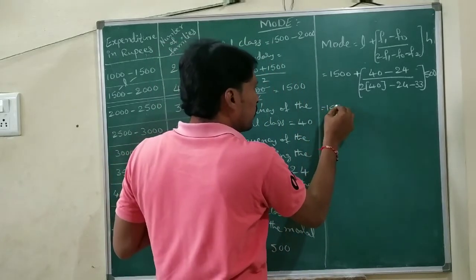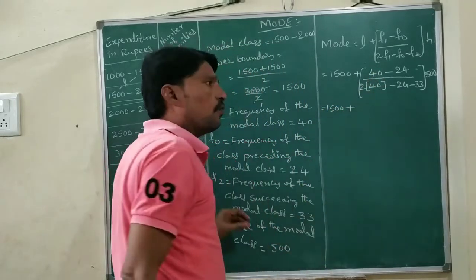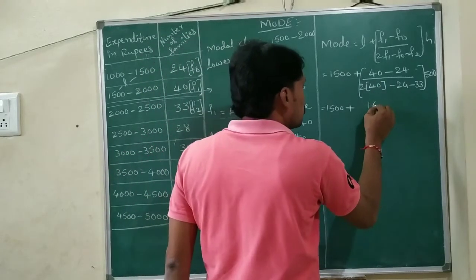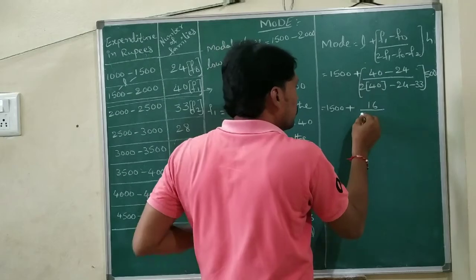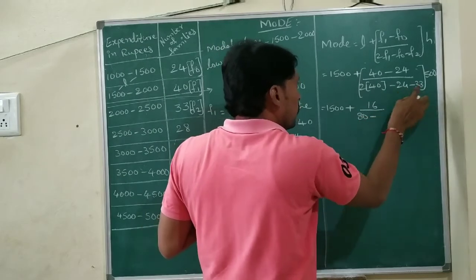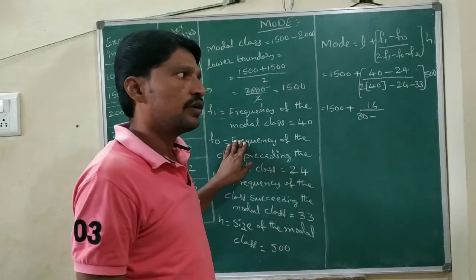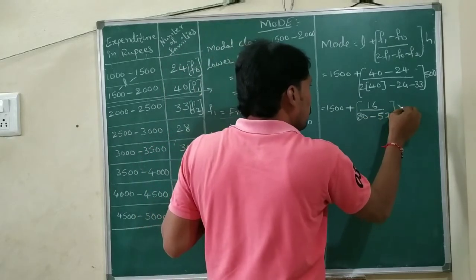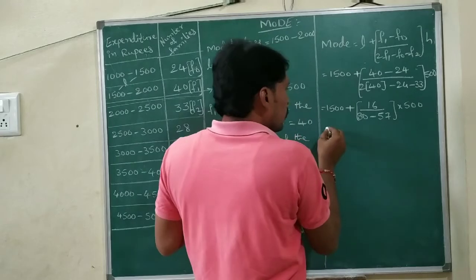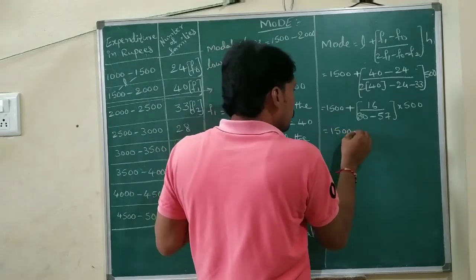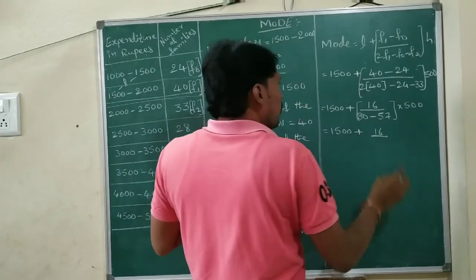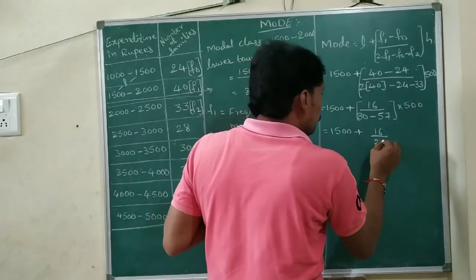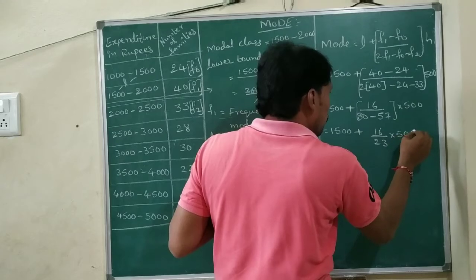That equals 1500 plus (40 minus 24) which is 16, by (2 into 40 is 80, minus 24, minus 33). 24 plus 33 is 57, so 80 minus 57 is 23, into 500.